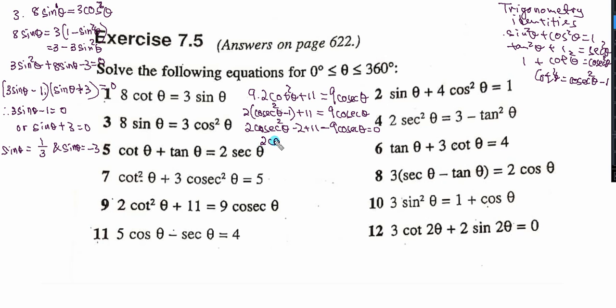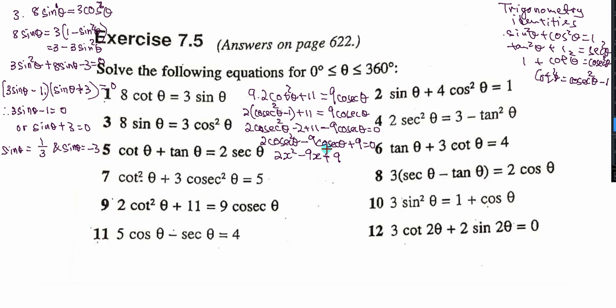Simplified further, 2 cosecant squared theta minus 9 cosecant theta plus 9, since minus 2 plus 11 gives a plus 9. If you let cosecant theta be x, this is basically 2x squared minus 9x plus 9.